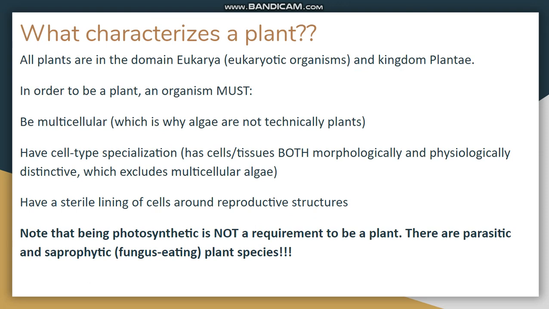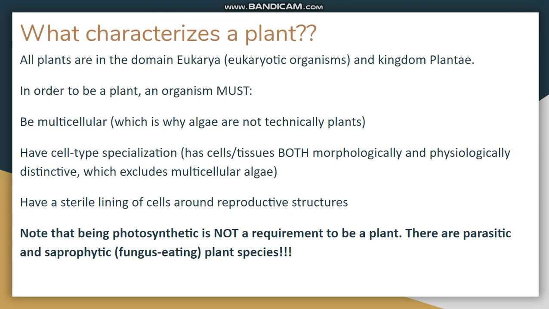So now we're going to kind of zoom in on plants. Plants are in the domain Eukarya. Like I've mentioned before, they're eukaryotic. They are in the kingdom Plantae, which includes plants. There are several characteristics that define plants, and it's important to note that algae are not plants because they lack some of these features.